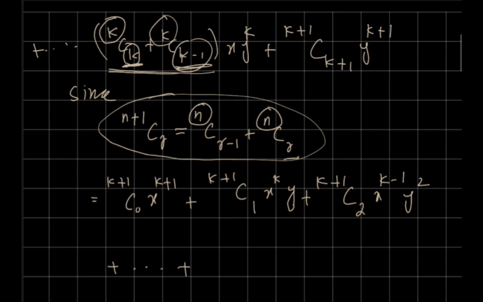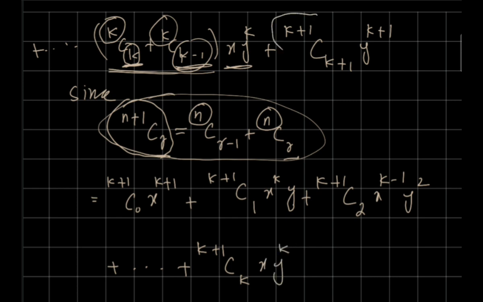So we will replace r by k. N will be replaced by k and r will be replaced by k. You will get k plus 1 c k, and then this term is xy to the k.